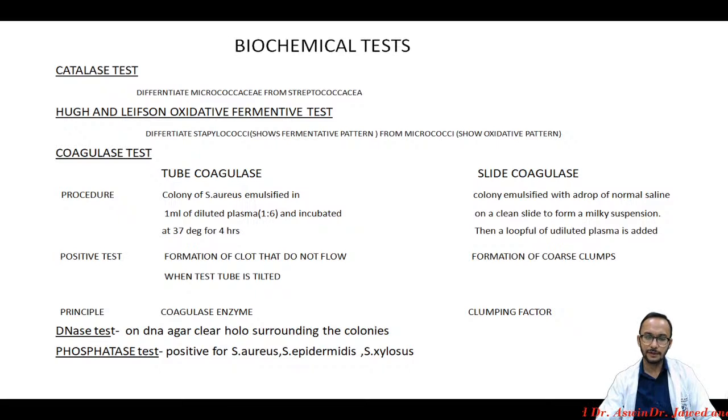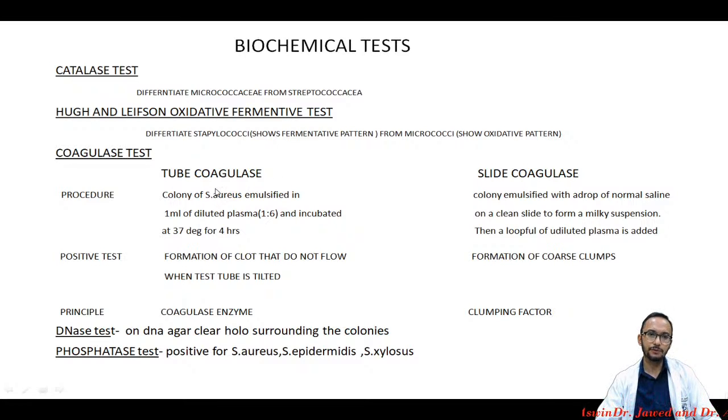They cause production of fibrin between the cells. After mixing it with the plasma, they will appear as coarse clumps.